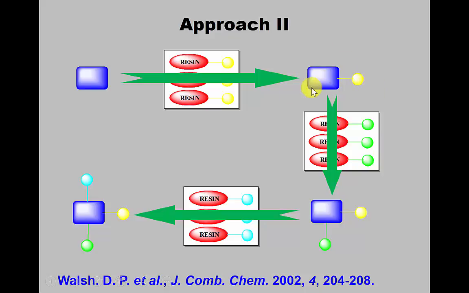And in this case, you need to consider that the resin-bound reagent should not be expensive. If it's expensive, then you cannot use 10 times excess amount for these reactions. So this approach 2 is ideal for reactions with expensive starting material and relatively cheap reagent on solid support. Then you can get your product quite quickly.